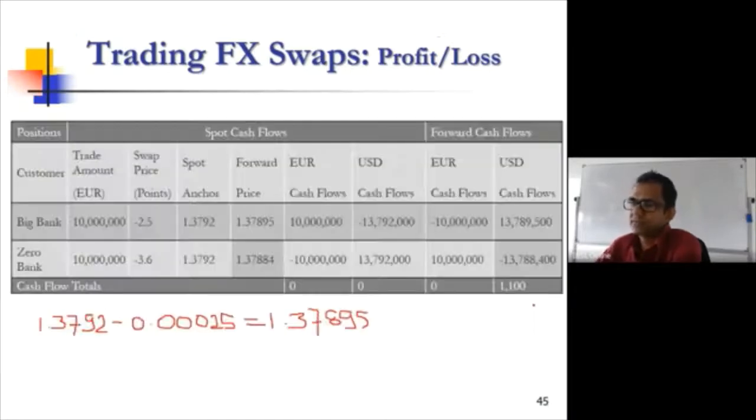Now this is minus 2.5, remains the same. This will be minus 3. Then this will change. That will have an impact on this cash flow and on this figure as well.